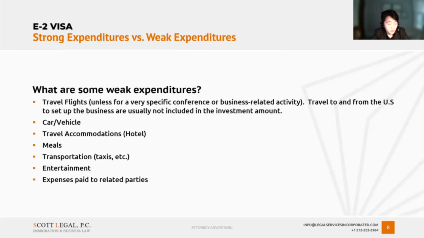Meals, we already went over. Transportation, not only flights, but taxis, train tickets or things like that, we would similarly not include. Entertainment is also another example we would exclude from your file.